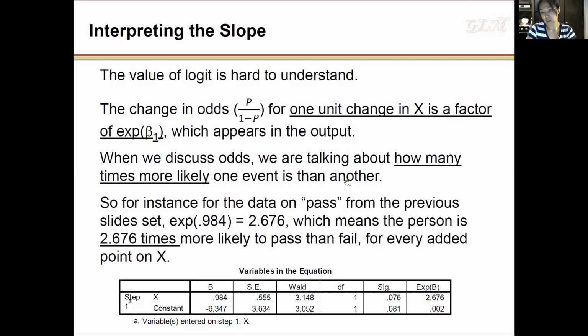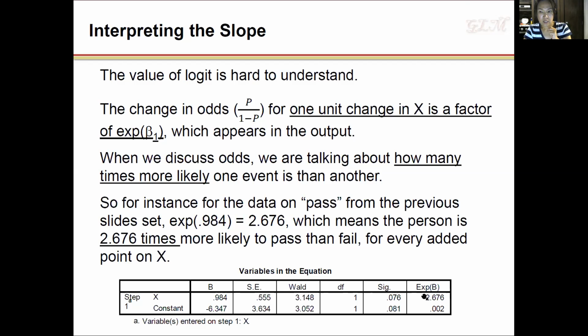So I use the example of the probability of rain tomorrow. How many times? 4 times higher than the probability of no rain, if the probability of rain tomorrow is 80%, okay? So here, how can you interpret it?